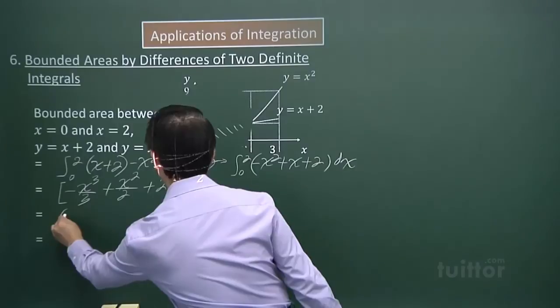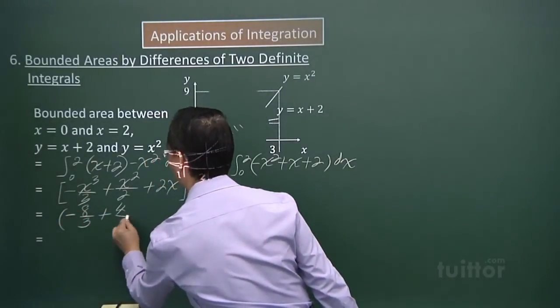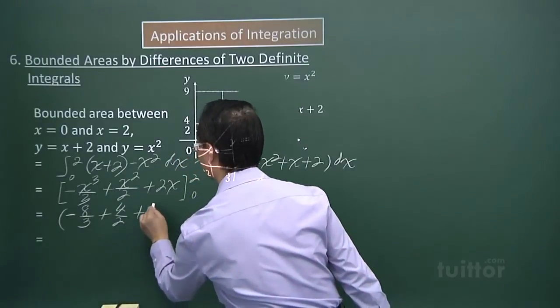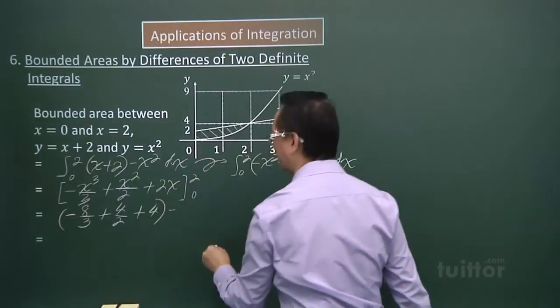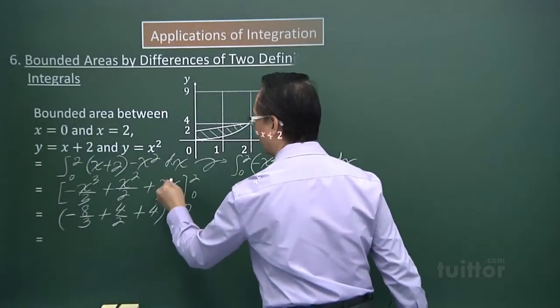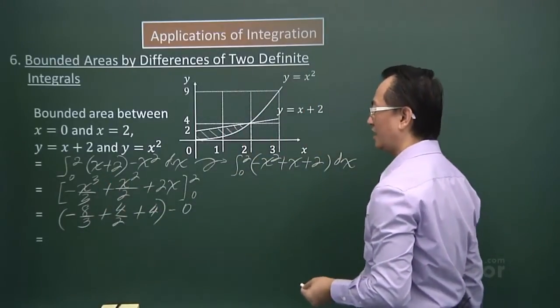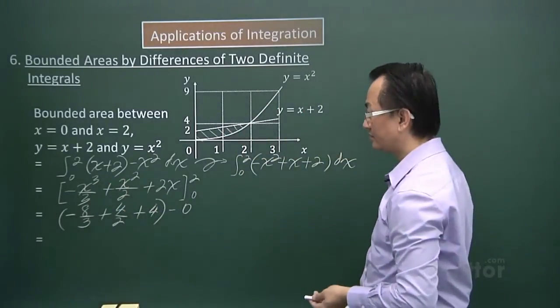I will have negative 8 on 3 plus 4 on 2 plus 4 minus a 0, because if I put in x equal to 0 into each of these terms, the sum will be a 0.